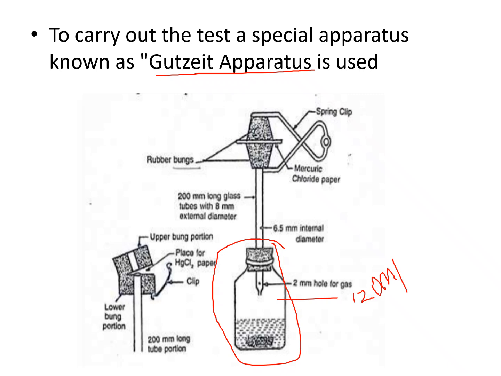120 ml capacity and fitted with a rubber bung. This is a lower rubber bung which is fitted with a rubber bung and also a small glass tube. This glass tube is fitted in this wide mouth bottle.